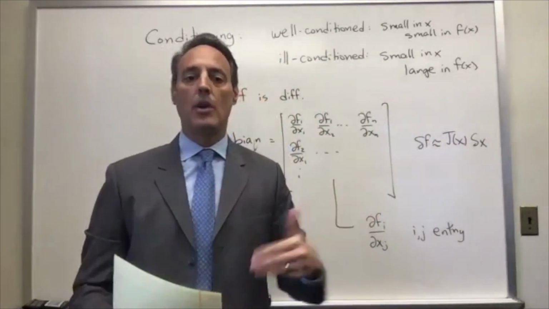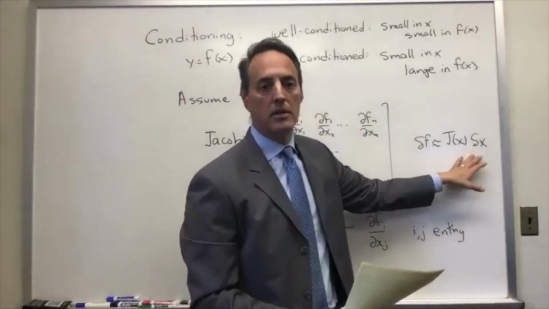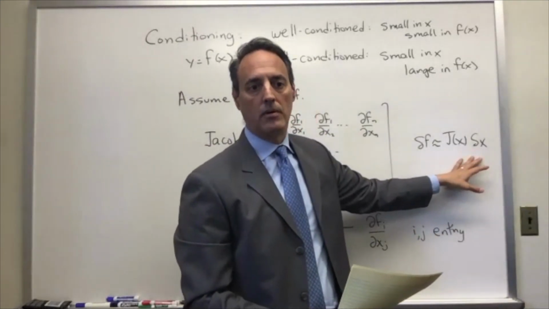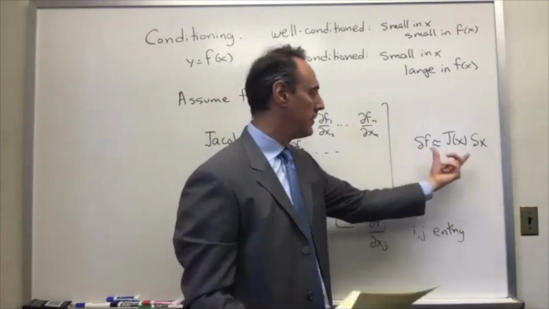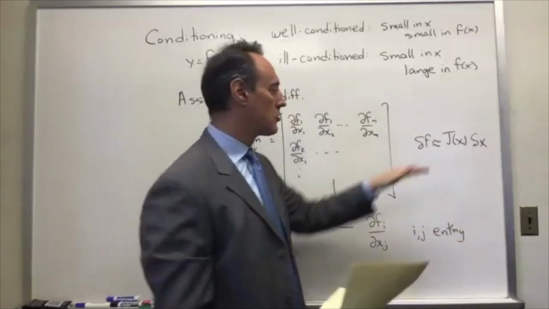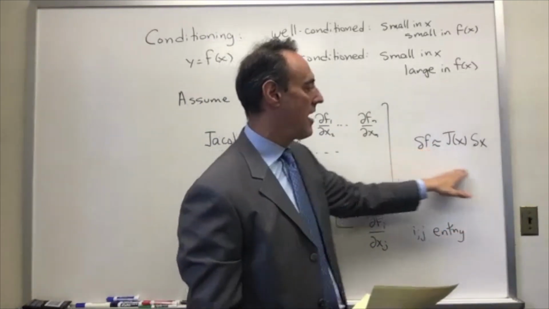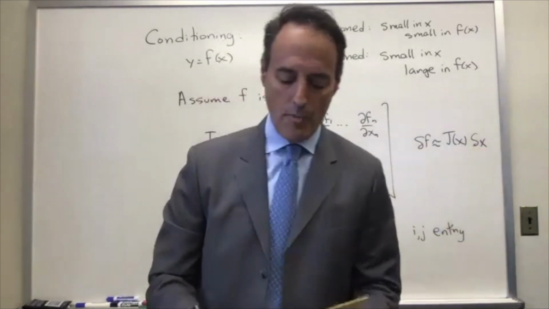But of course, we're not going to actually take delta x to 0. We're going to take delta x to be some small number, so we approximate it with an actual finite small number. This is what gives you this relationship between changes in f and changes in x. It's through this Jacobian.